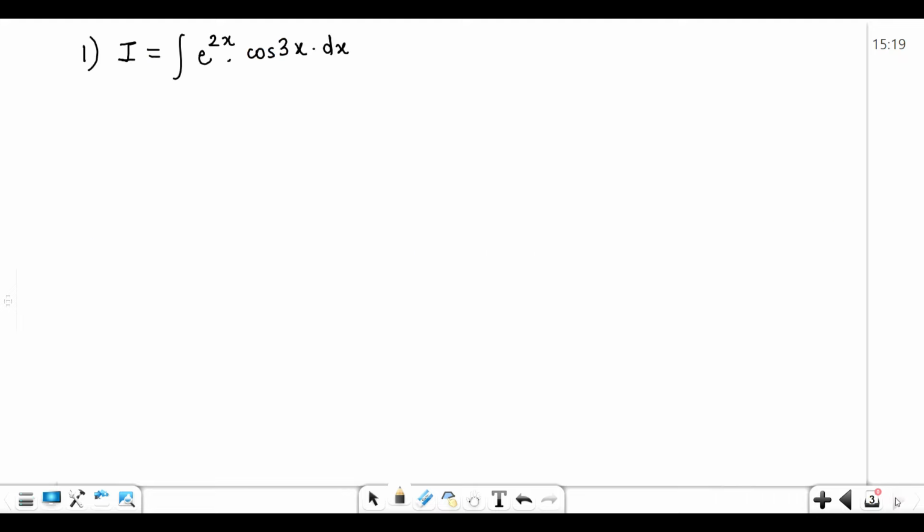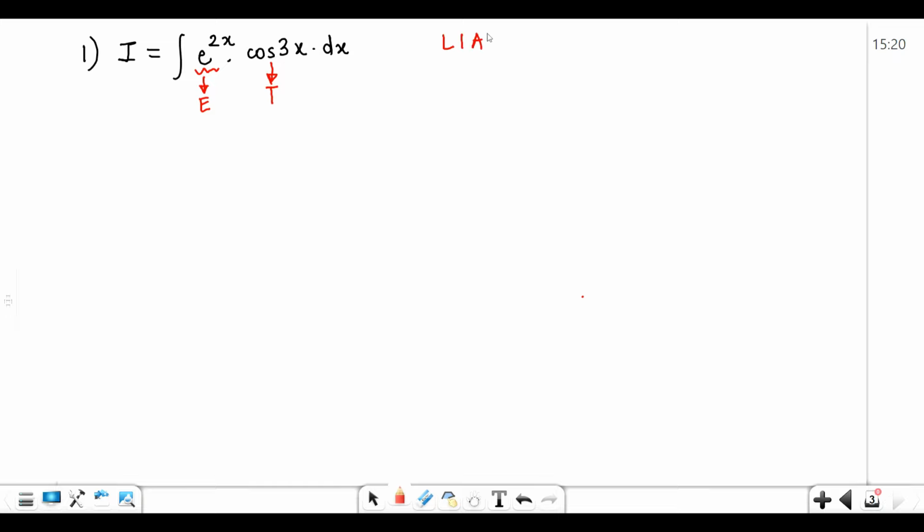Now we'll do the first question, where we have I equal to the integration of e raised to 2x multiplied by cos 3x. I'll highlight what are the two functions that we have. This is your exponential function and this is your trigonometric function.